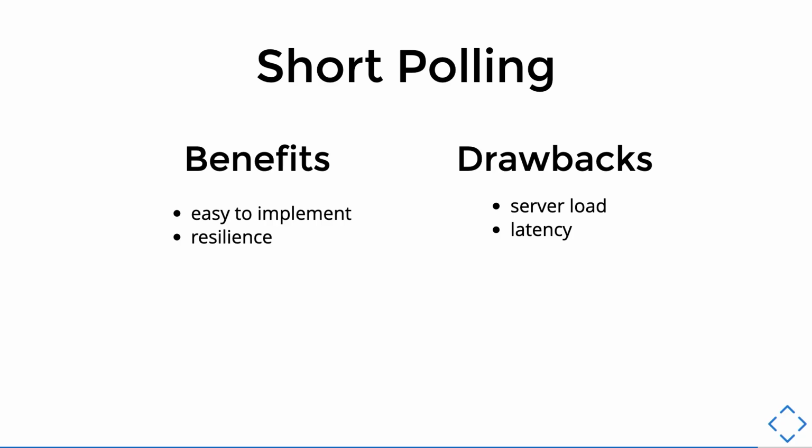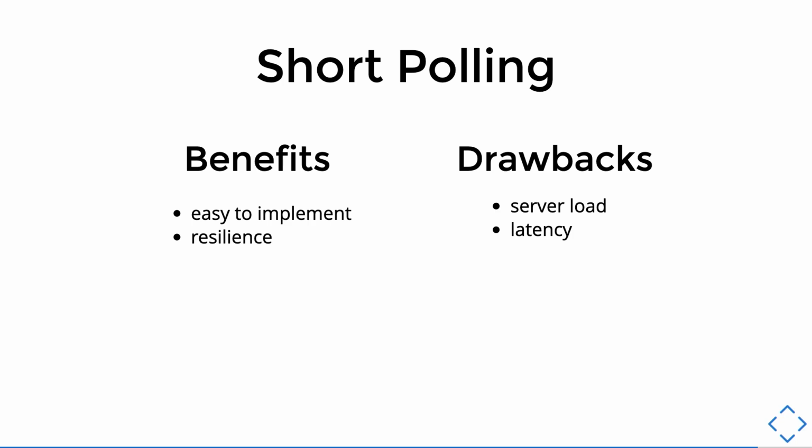Okay, what are the benefits of short polling? It's so easy to implement. Basically, it's just a JavaScript loop and an HTTP request. We also have some resiliency coming with short polling, because sometimes if a big query is too slow to answer, long polling will end up in a timeout, and with short polling we do not have this kind of issue.